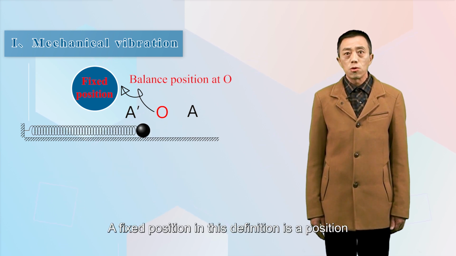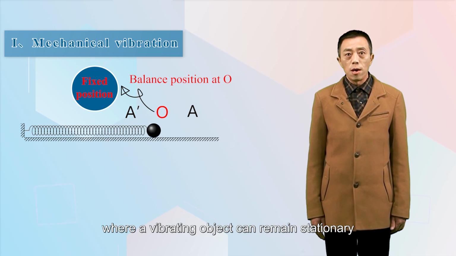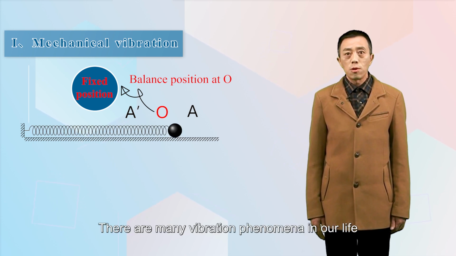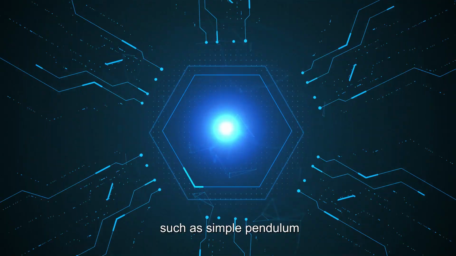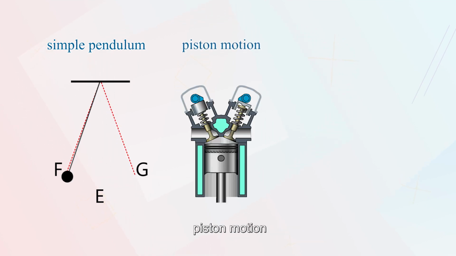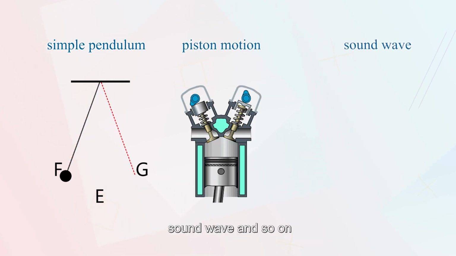The fixed position in this definition is a position where a vibrating object can remain stationary, often referred to as an equilibrium position. There are many vibration phenomena in our life, such as simple pendulum, piston motion, sound wave, and so on.